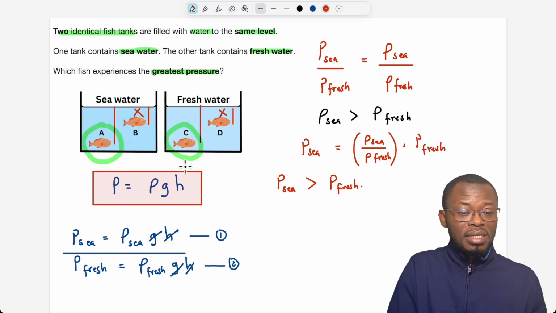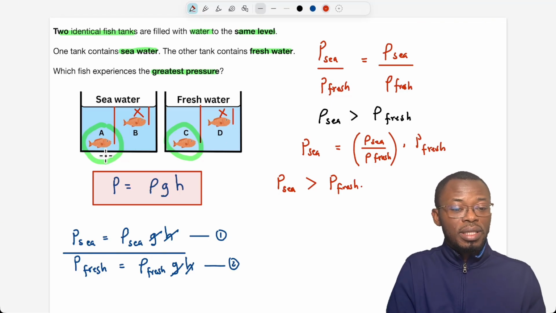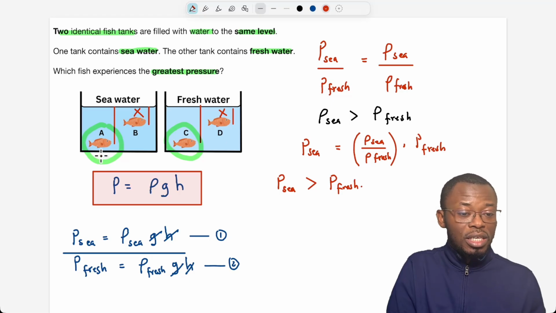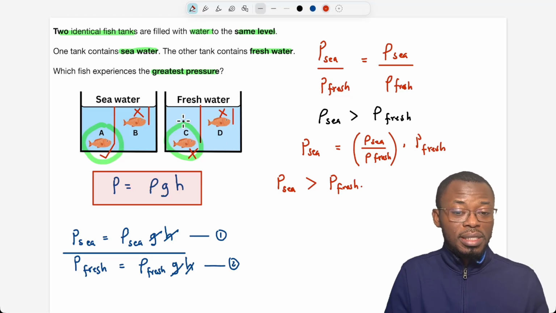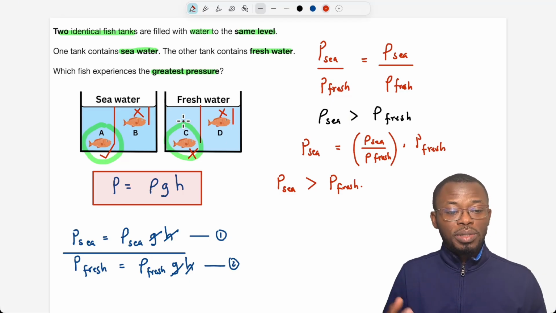So in that case, we finally find out that fish A is going to experience the greatest pressure. This is a nice puzzle which depends on fluids. So we study how objects experience pressure in fluids, and we know that it depends on how deep they are inside the liquid.